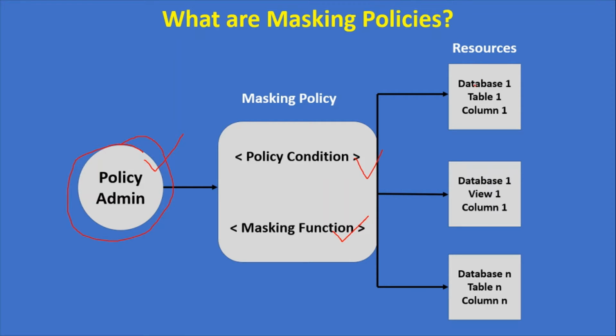Resources are nothing but, in Snowflake, databases. Within a database, we have a table, and from the table, we have multiple columns. So the masking policy can be applied to one of the columns from a table or view or secure view. We can apply the same policy to more than one database, that means multiple databases.